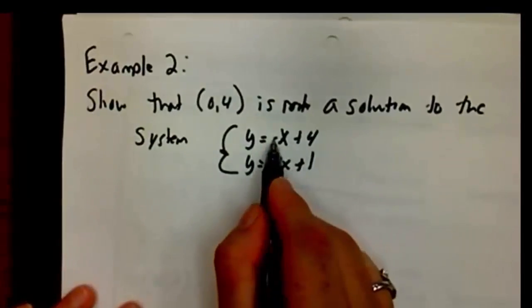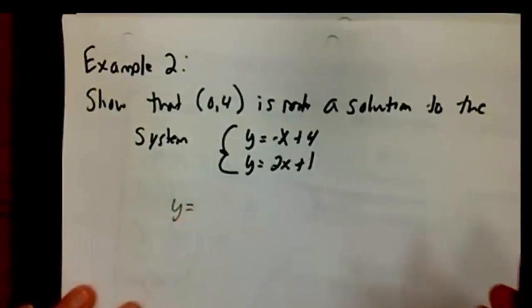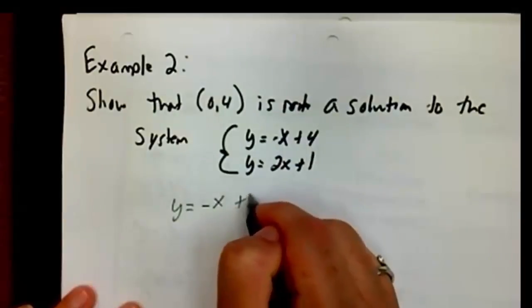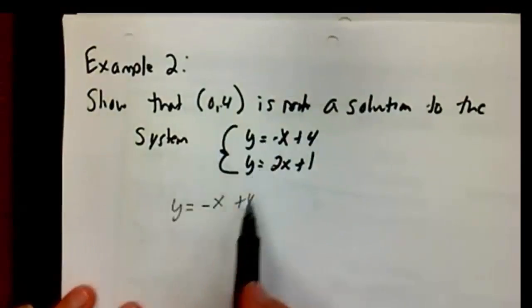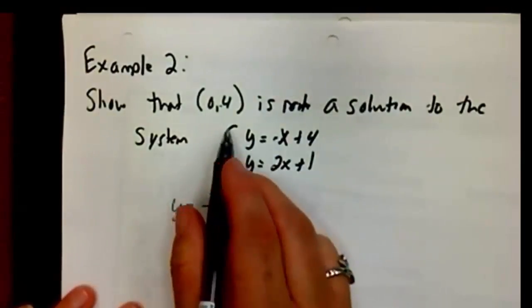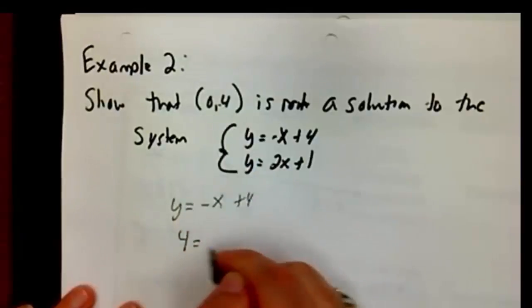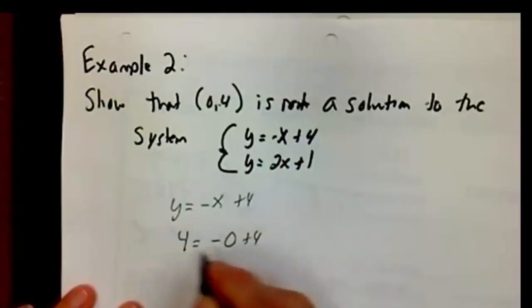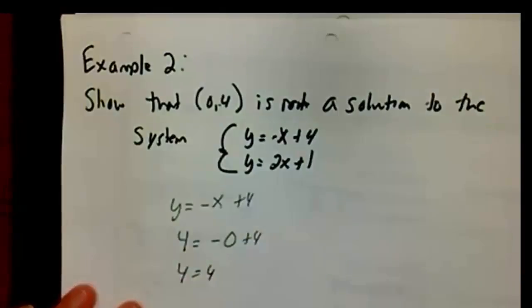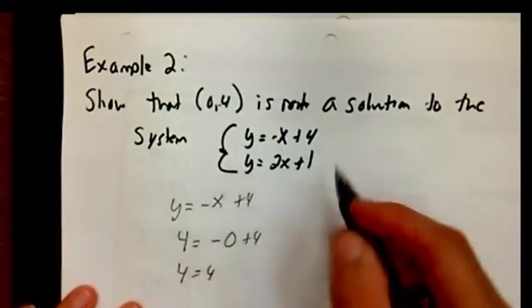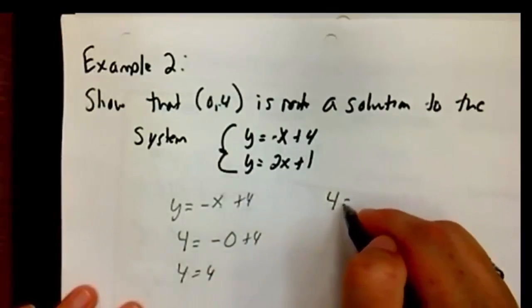Well, if I plug it into the very first one, y equals negative x plus 4, my substitution, 0 is going in for x, and 4 is going in for y. So 4 equals negative 0 plus 4, so 4 equals 4. So this kind of leads us to think this works. It works for the first one, but does it work for the second one? So plug in the values for the second one.